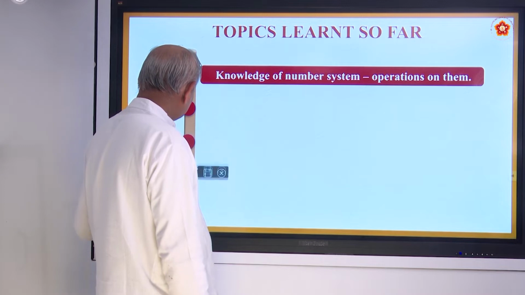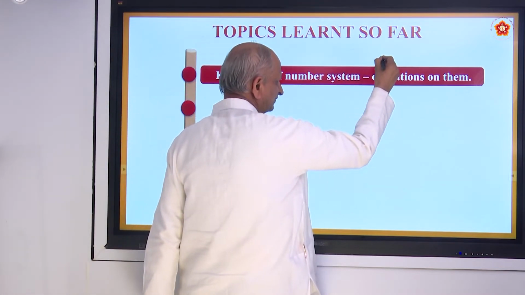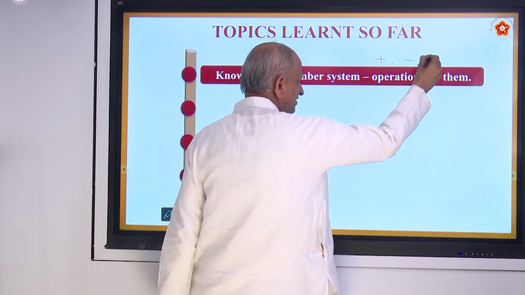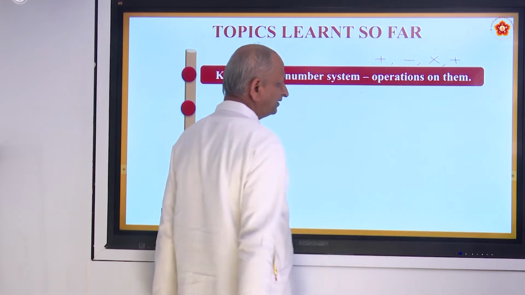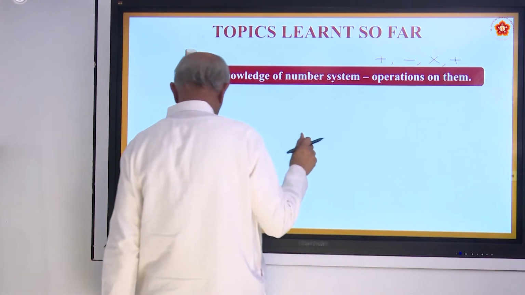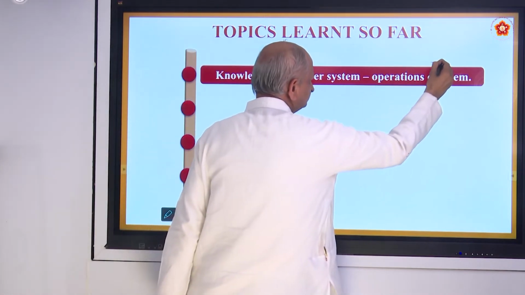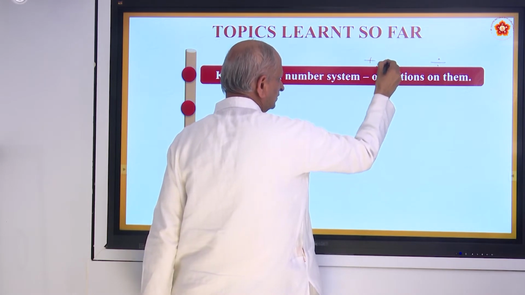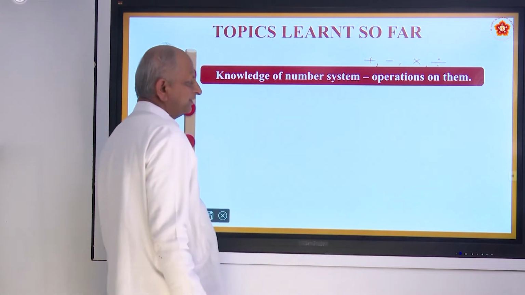Operations include 4 types of operations. Come on, what are they? Addition, subtraction, multiplication, division. So these are the 4 operations that we use for all our calculation purpose, is it not?